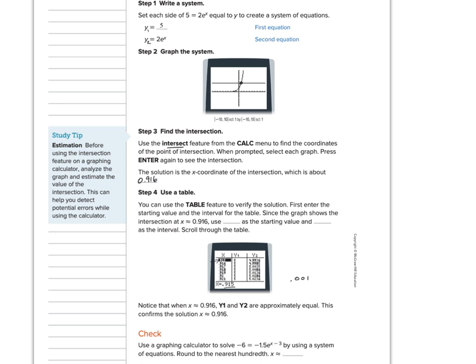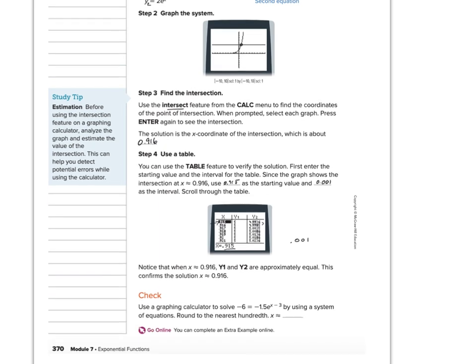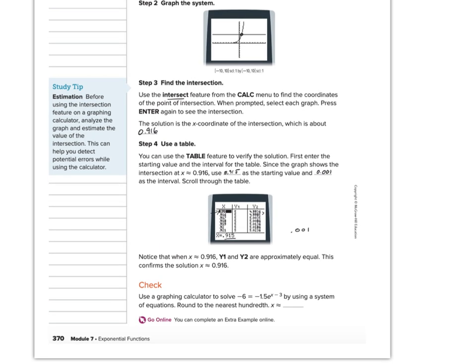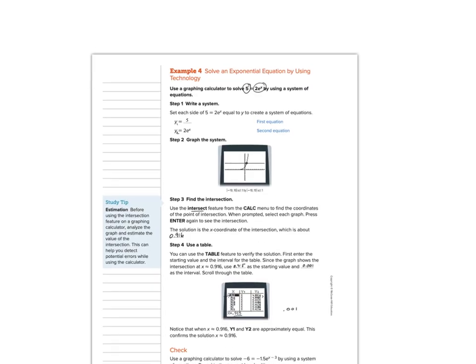When you check your table, if you use 0.915 as a starting value and go by your thousandths, you would set it to 0.001. Again, that would be the interval it's going to start going in, and then you can see your values and verify it.